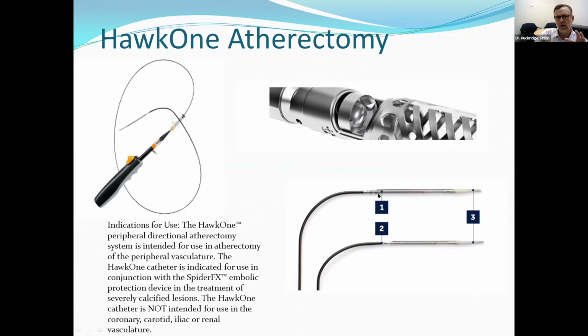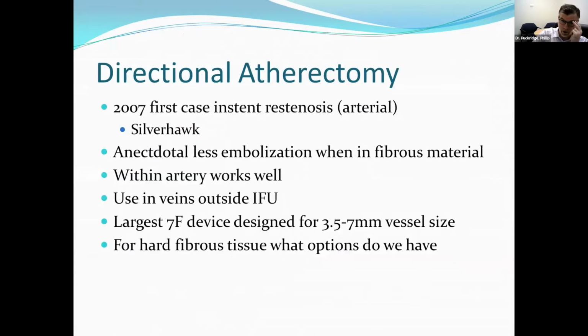The issue with that is, I'd point out, that it's designed for arteries up to 7 mil. So when we start to get in a bigger system, that jog doesn't push off and actually engage as effectively. Therefore, you might cut, but you might not cut much. And I've got a long-standing experience with directional atherectomy, first doing my first case in 2007.